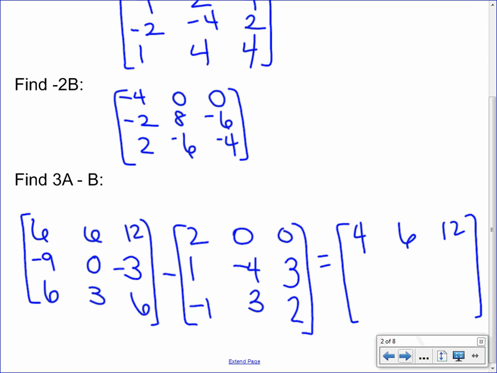Negative 9 minus 1. 0 minus negative 4. Negative 3 minus 3. 6 minus negative 1. 3 minus 3. 6 minus 2.